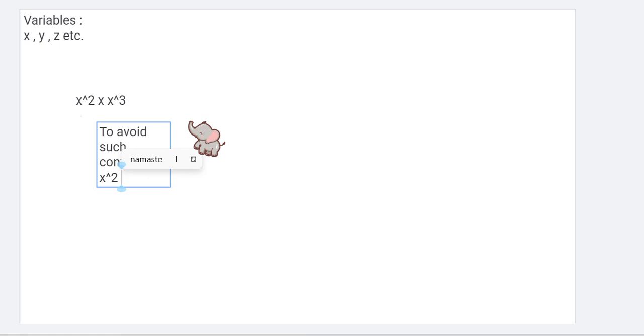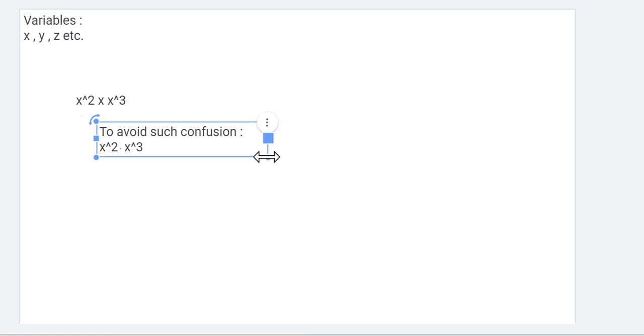dot, I'll write it and show you, x to the power 3. Okay, I'll show how to write the dot. So the dot is written like this.